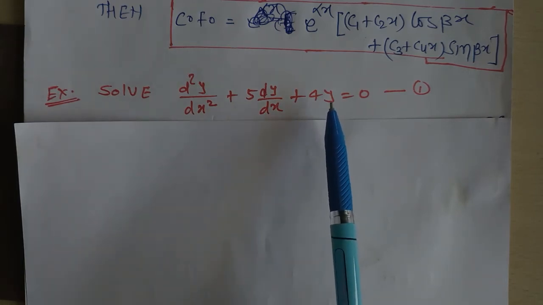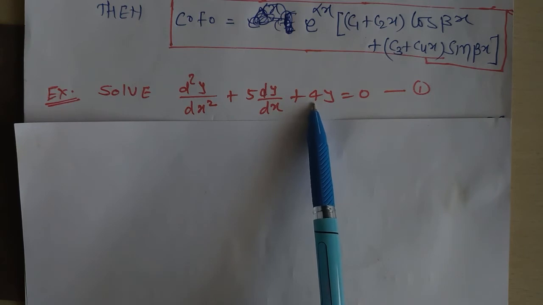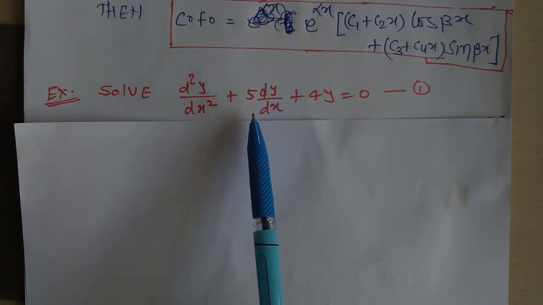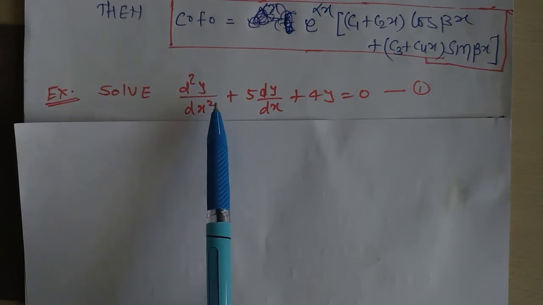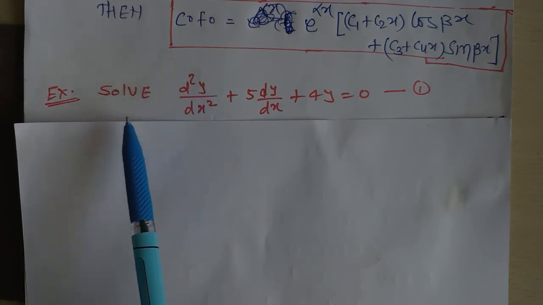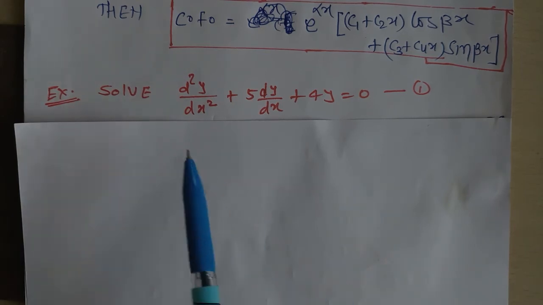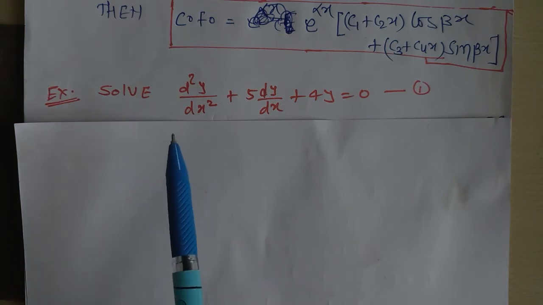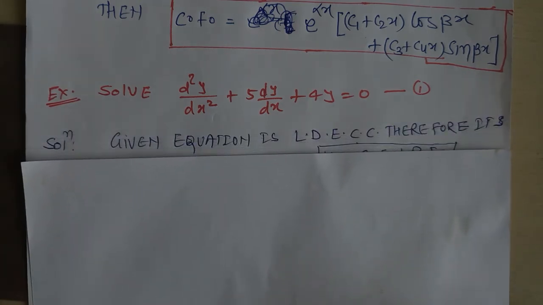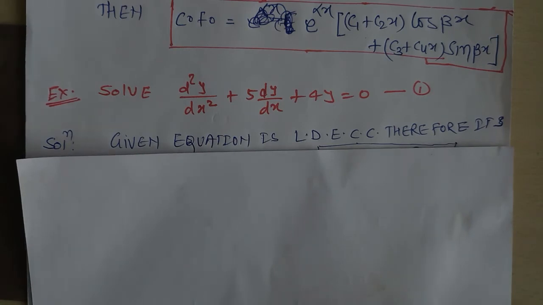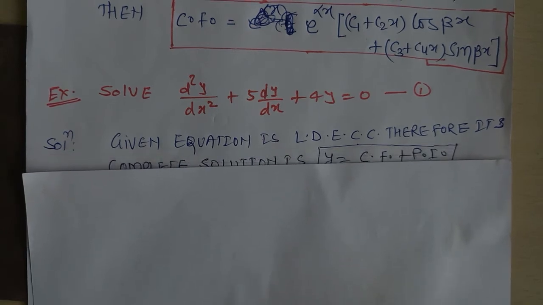Also the coefficient of y is 4, constant, the coefficient of the first derivative dy by dx is 5, constant, and the coefficient of the second derivative d2y by dx2 is 1, constant. So the coefficients of the dependent variable and all its derivatives are constant, therefore it is a linear differential equation with constant coefficients.